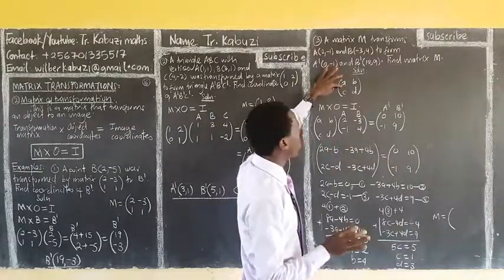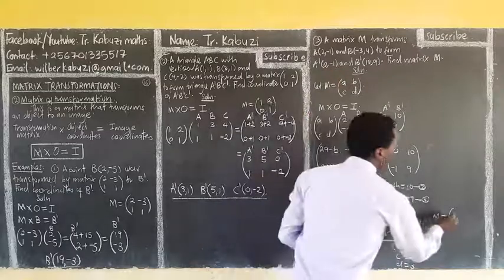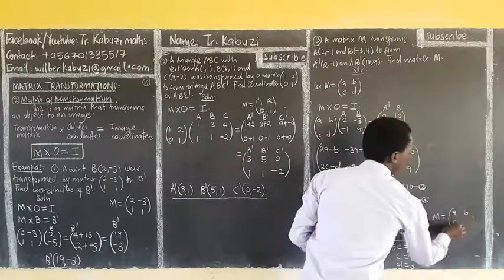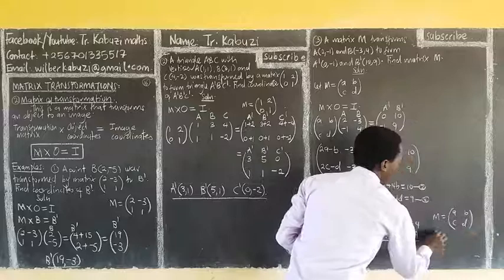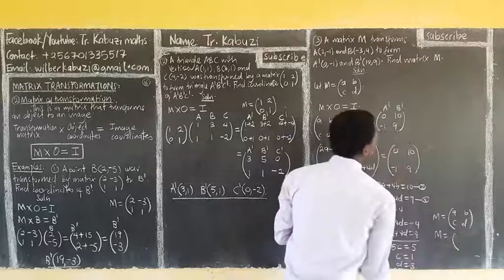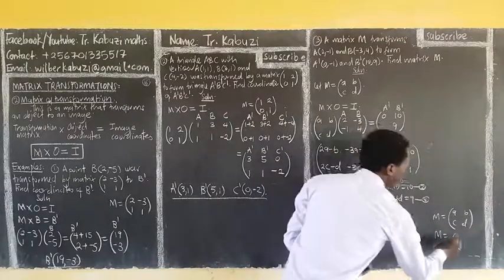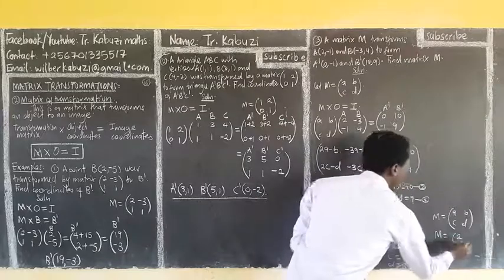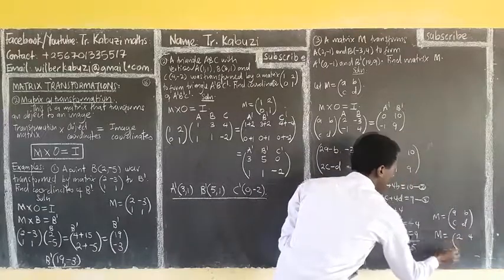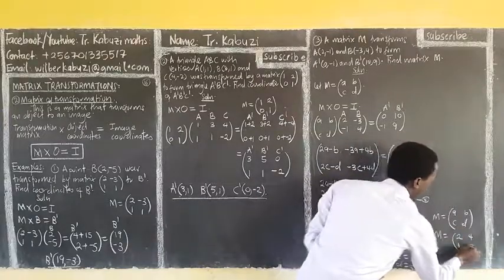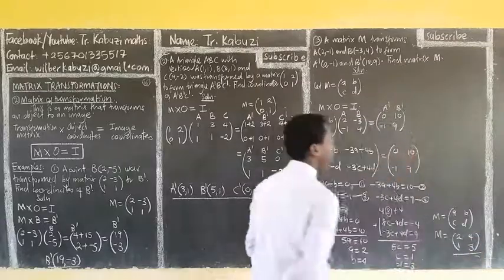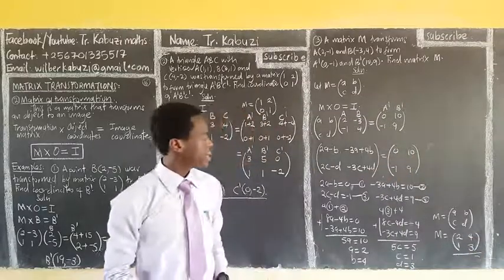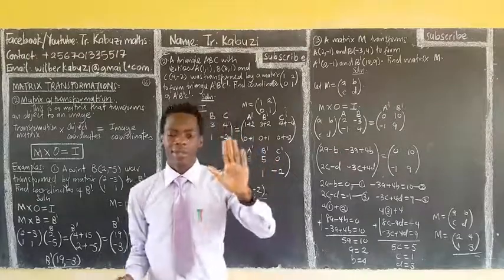If you change the order, it's going to be wrong. It's A, B, C, and D. So now our M is going to be: A is 2, B is 4, C is 1, and D is 3. That was our matrix of transformation. That's it, members. I wish you well.